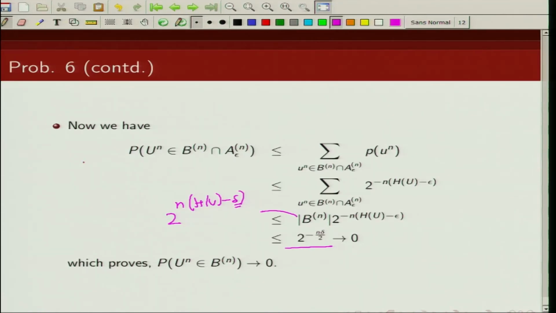Now if I take the limit as n goes to infinity, this term will essentially go to 0, which essentially proves that the typical set is the smallest set which will have non-zero probability. So with this we will conclude this lecture. Thank you.